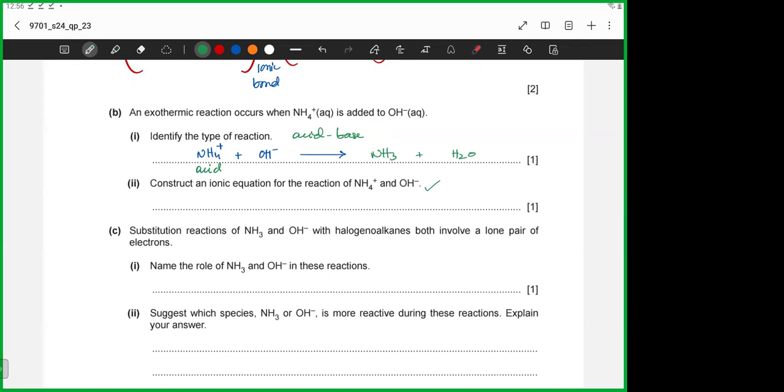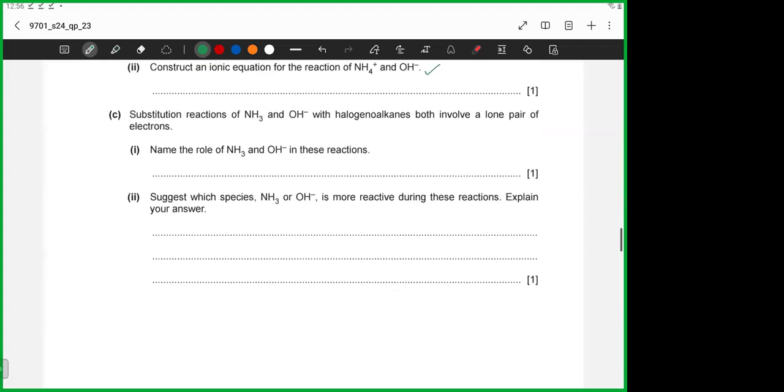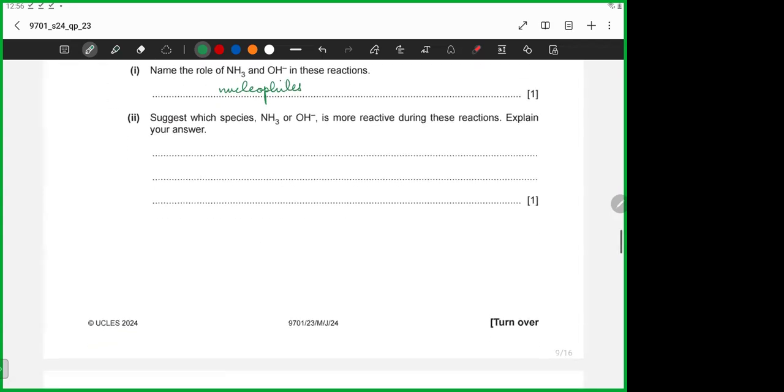Substitution reactions of NH3 and OH- ions with halogenoalkanes both involve a lone pair of electrons. Name those. So this is nucleophilic substitution. And state the role of NH3 and OH-. So these were nucleophiles. You had SN1, SN2 reactions. Which species is more reactive? That is OH-.